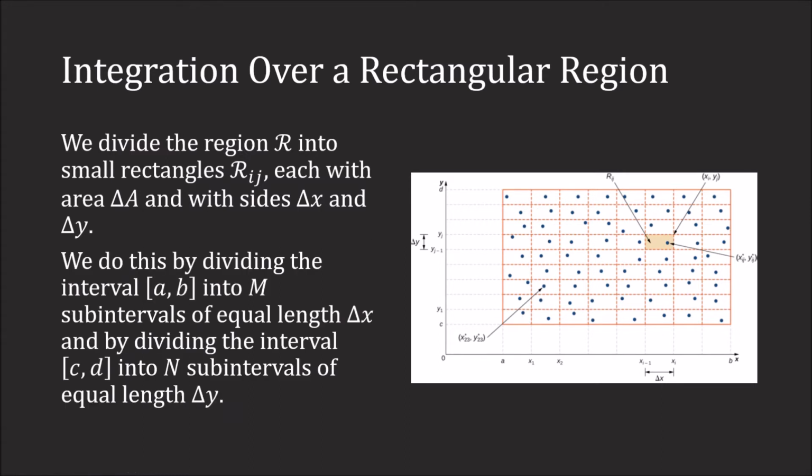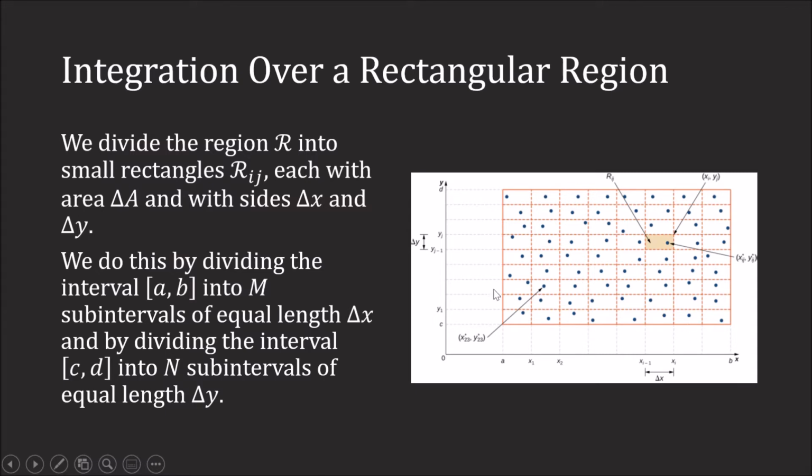This is done by dividing the interval [a,b] into m subintervals of equal length delta x, and by dividing the interval [c,d] into n subintervals of equal length delta y. So we take the x-axis, from a to b, and divide that into however many subintervals we want, in such a way that each subinterval has the same width delta x.